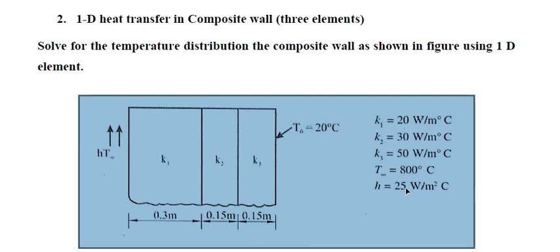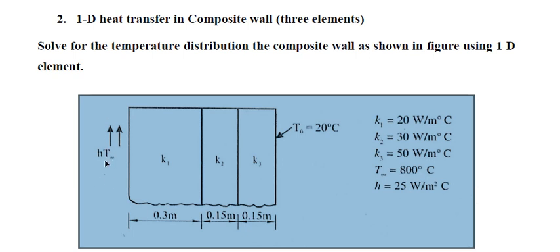The convective heat transfer coefficient H is 25 watt per meter square degree centigrade. Okay, the left hand is subjected to convection here. There is no mention of free convection or surface convection in the question. Surface convection is not at all given in these wall problems; generally, surface convection will not be given.